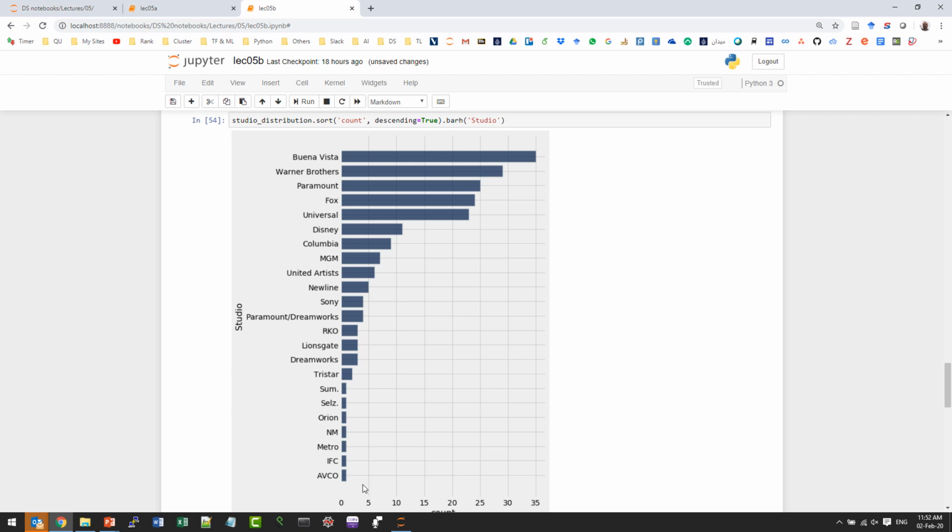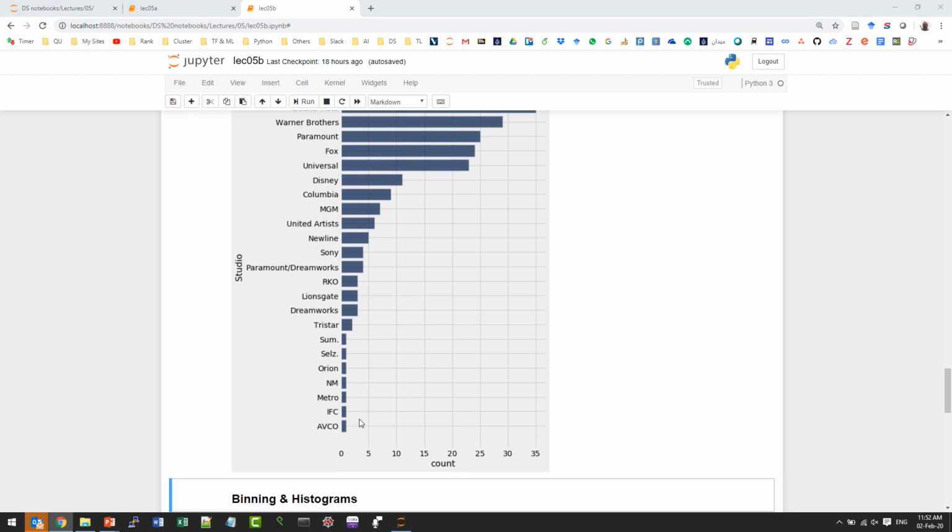You can see that there are maybe 3 or 4 or 5 producers who produced really very popular movies, and the others are scattered over the other producers. Any question about bar charts and using them to plot categorical values and categorical distributions?